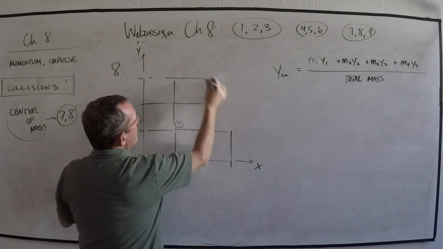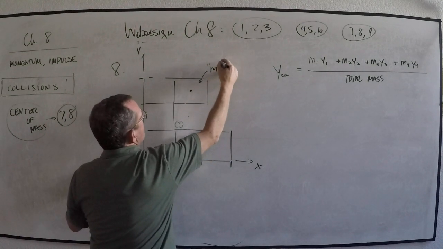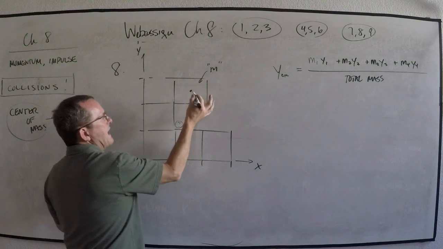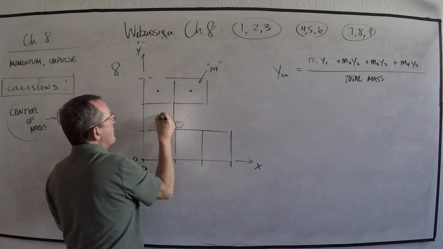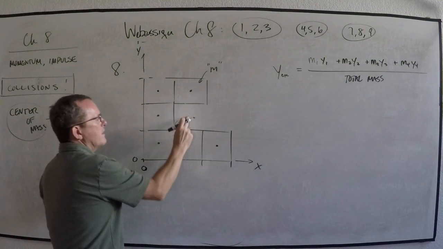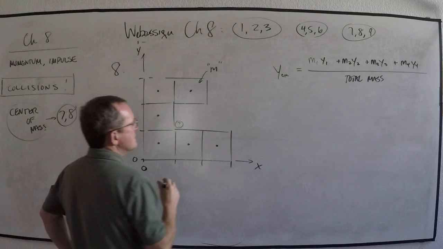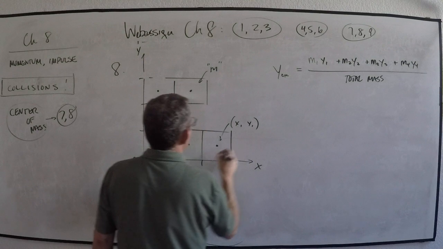We're going to take all the mass of this square and put it right here. So this guy has mass m, and we're going to take all this mass and put it at this point. Then we're going to do the same thing for this square, this square, this square, this square, and this square. What do you now do then for these 6 squares? Get their coordinates. So this square is going to be at x1, y1.